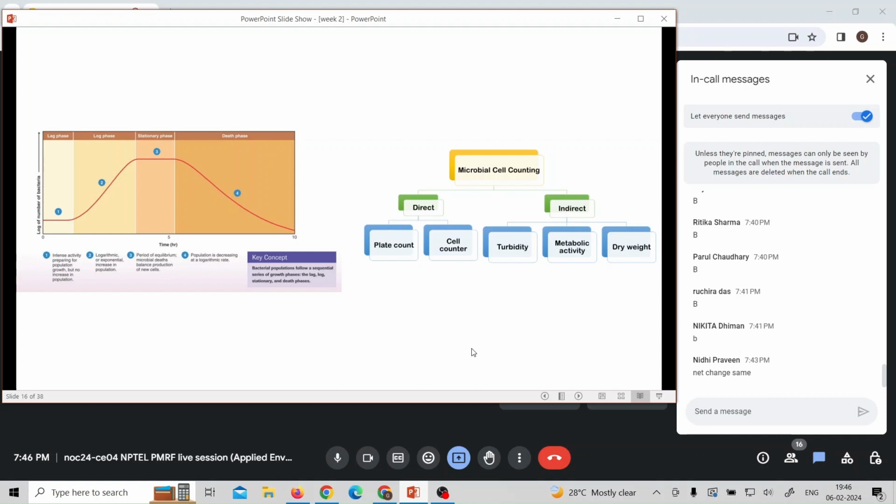In dry weight, as you all know, you take your culture, dry it in an oven, and get the weight of the cells. Stoichiometrically, if you know the composition, you can relate the dry weight to the number of cells that will be there. So all these methods are estimation methods. They are not going to tell you exactly how many cells are present with more accuracy. That's the difference between direct and indirect methods.